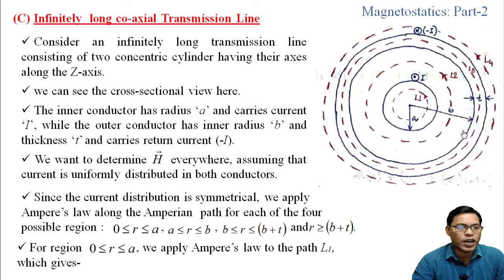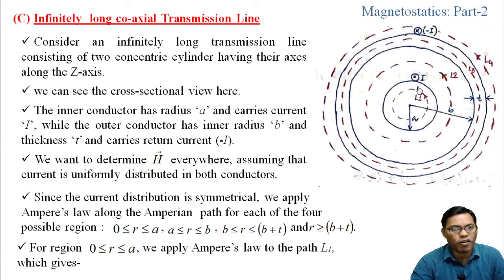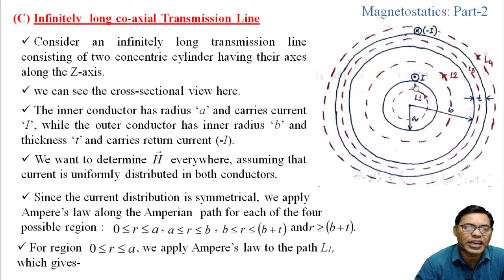The outer conductor has the inner radius b, and thickness of this conductor is t, and carries the return current minus I. So current moving into the page, and its direction will be opposite to that of the current. Now we want to determine the magnetic field intensity anywhere, either it is at the center or outside the transmission line. Anywhere we want to find out the magnetic field intensity.